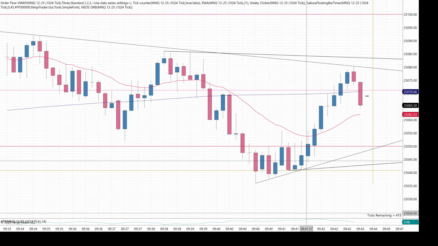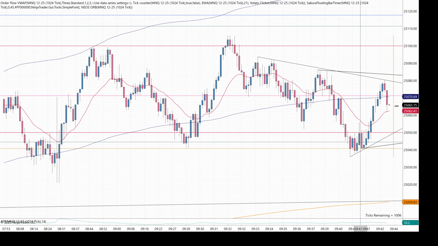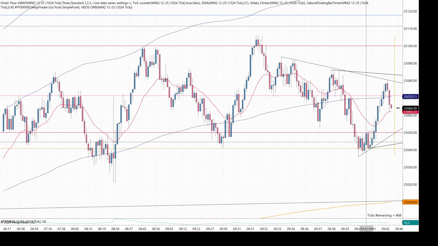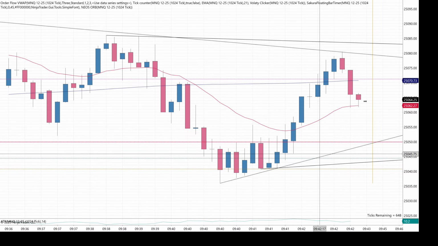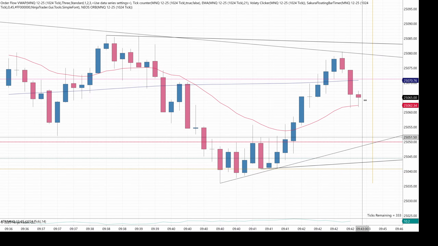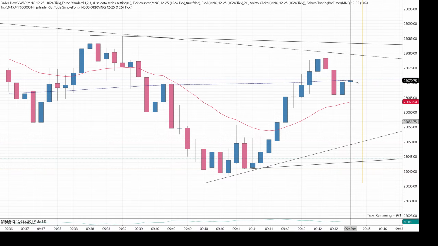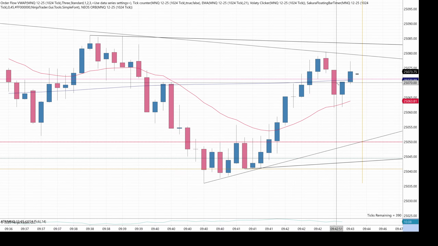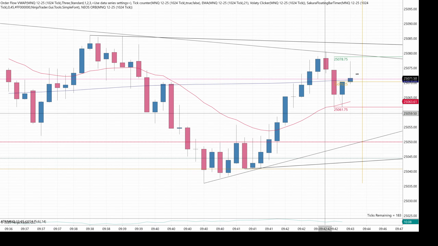Okay, runner's taken out. Problem is we can't take this bearish if it triggers lower. We can't take it bullish either because of that standard deviation in the way and the trend line.